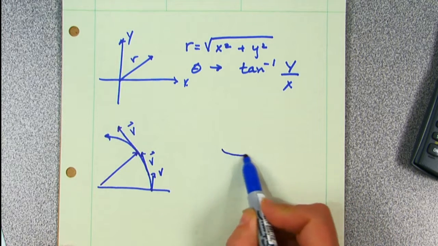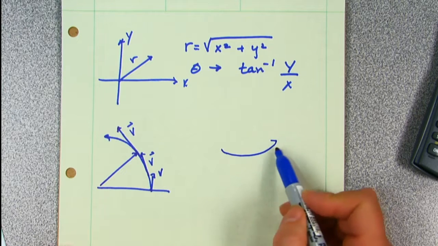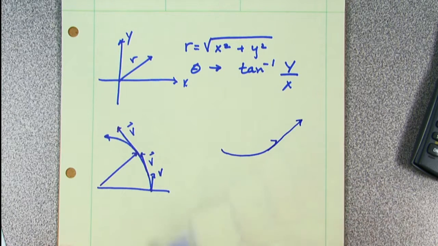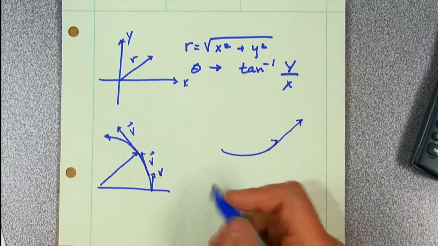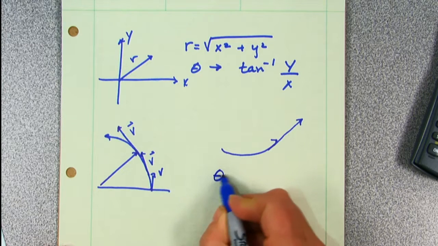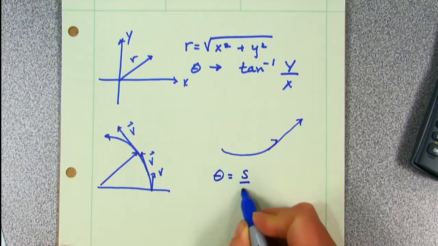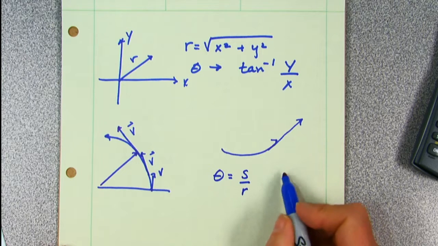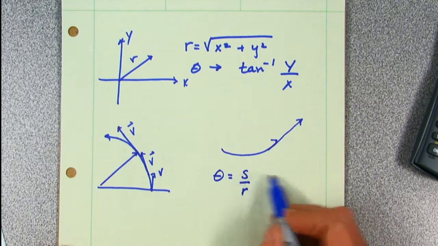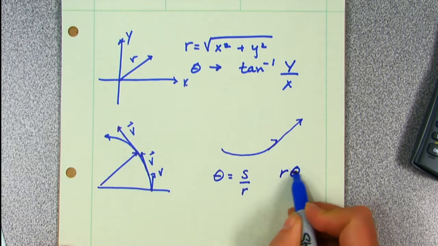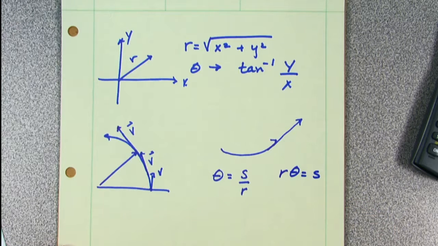If I'm slinging a slingshot and the string breaks, it's going to go off in a straight direction. So my angle is going to be S over R. So I can go back, and R times my angle is going to be S.